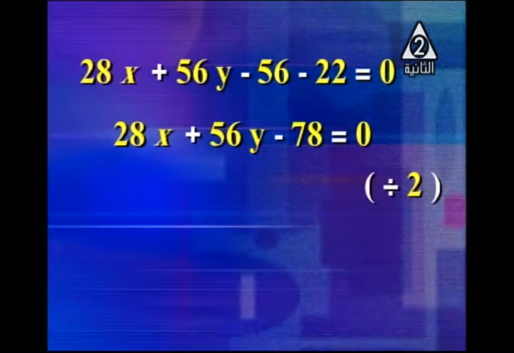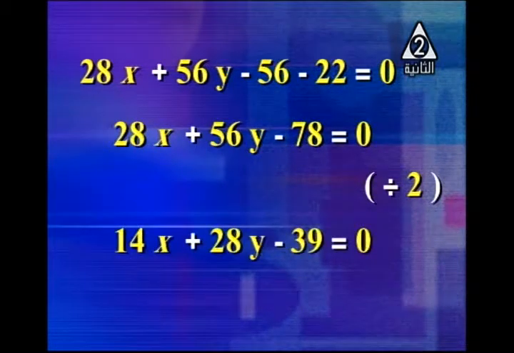Then combining like terms, minus 56 minus 22 equals minus 78, and dividing by the highest common factor, 2, the answer is 14x plus 28y minus 39 equals 0. This is the equation of the normal.